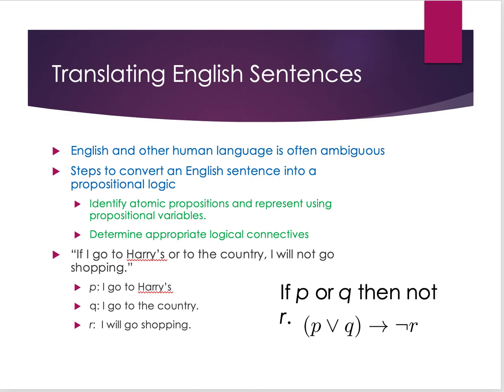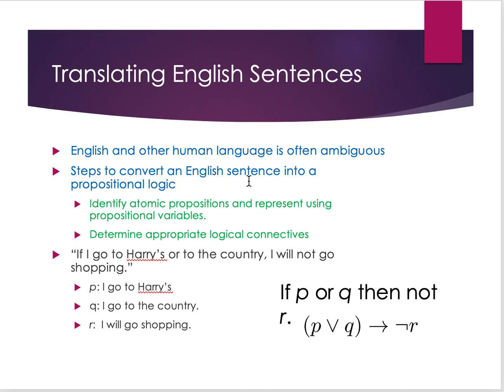In this example I'll give to you: if I go to Harris or to another country, I will not go shopping. So this is the statement or proposition you have. The first thing you have to determine is whether the sentence is a proposition or not. In this case, it is a proposition.